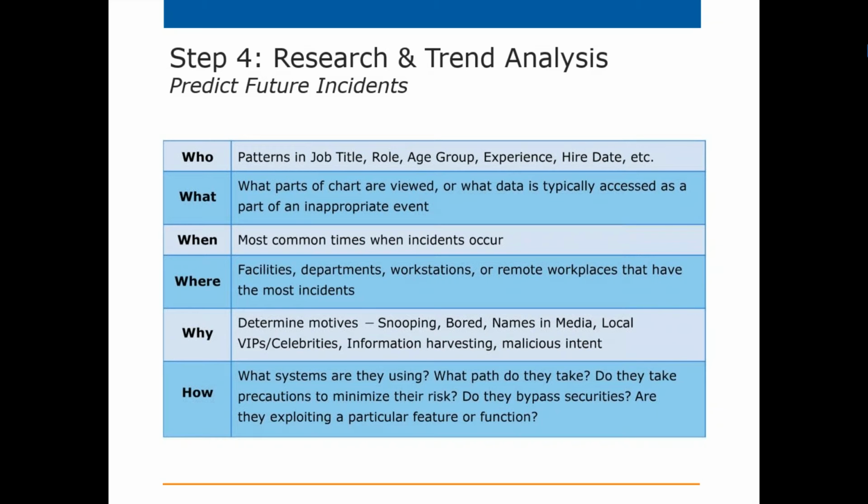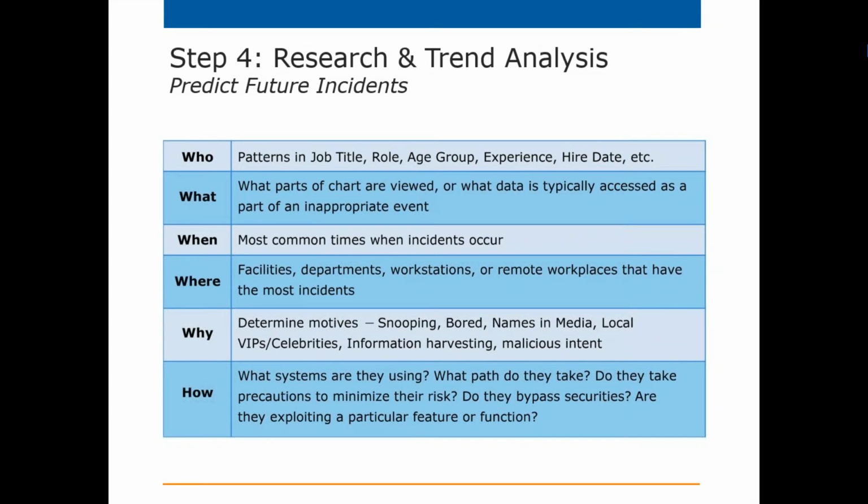Another thing about the why is it's not always met with the best intentions. There are known information harvesting schemes that occur here. Information harvesting is where individuals will go into records with the intent of stealing protected health information or private information to create fraudulent insurance accounts, to create fraudulent claims.